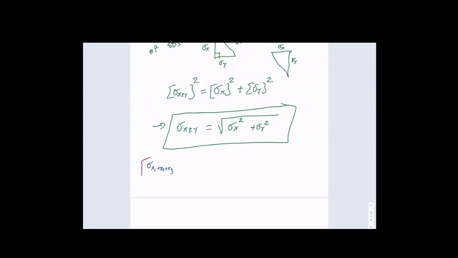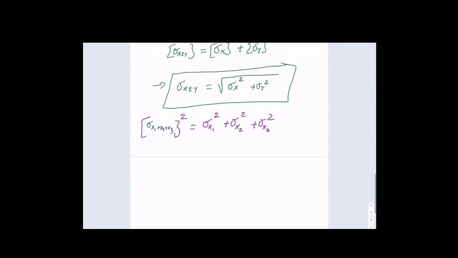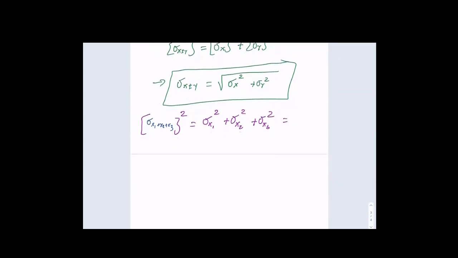So if I square this, then this is equal to the standard deviation of x1 squared plus the standard deviation of x2 squared plus the standard deviation of x3 squared, which in turn gives me 3 standard deviation of x squareds, because the standard deviation of x1 is a standard deviation of x.